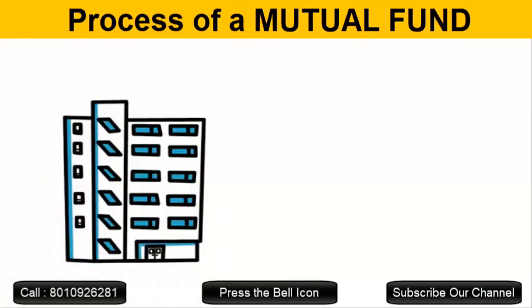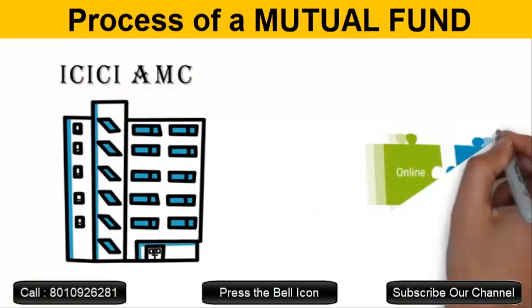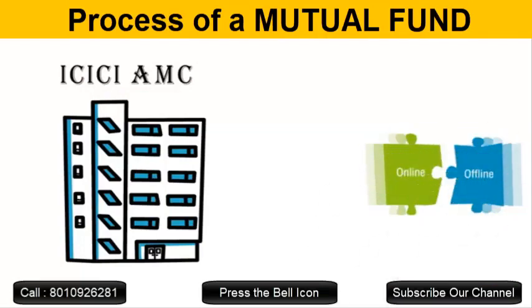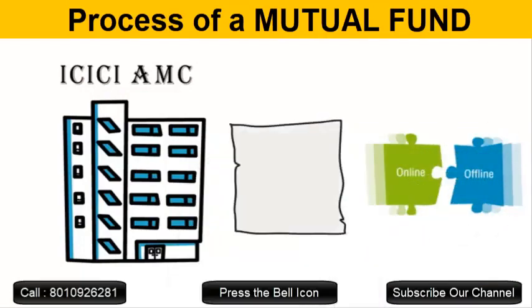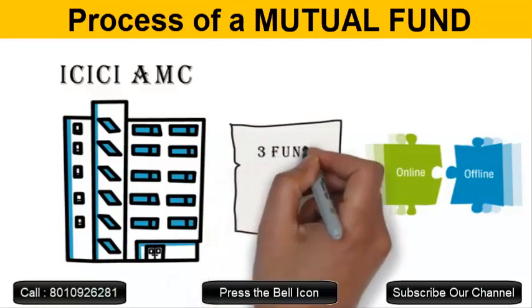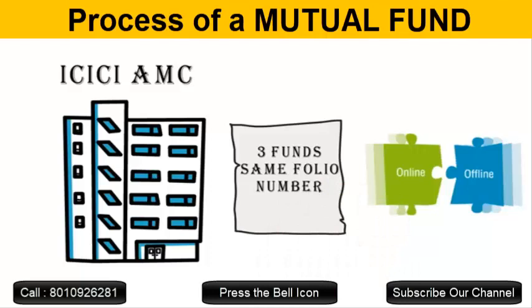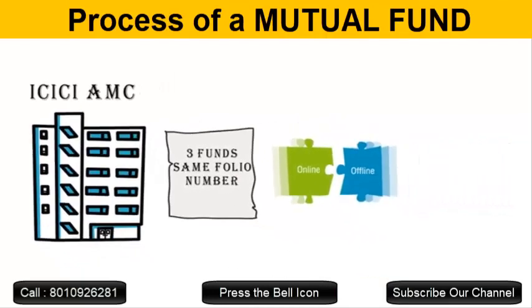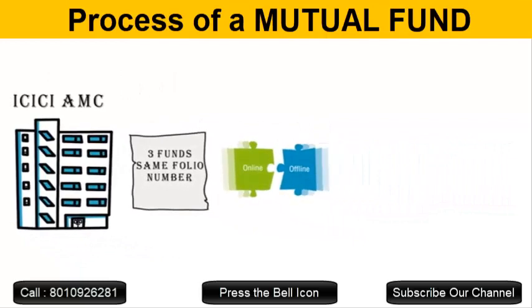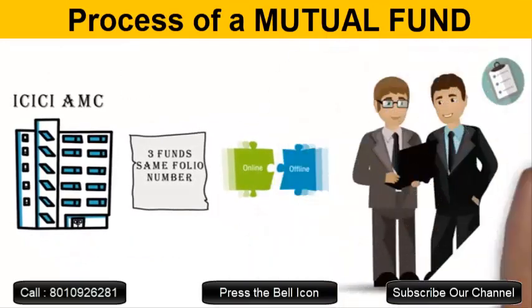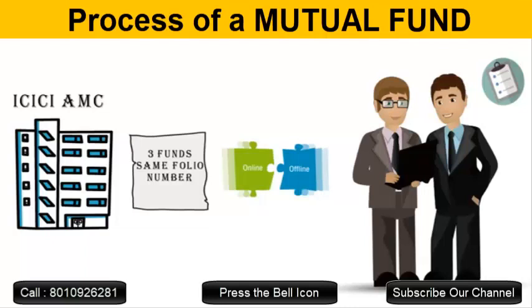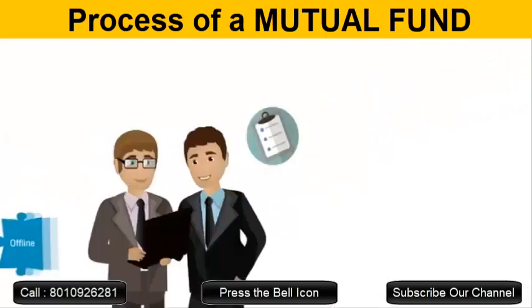Now, investment in different fund schemes of the same AMC can be made online or offline, and also using the folio number in your name, you can apply for one or several funds with the same folio number. Now, some AMCs may extend the facility of sending an agent to help you fill the application form, collect the cheque and send the acknowledgement.